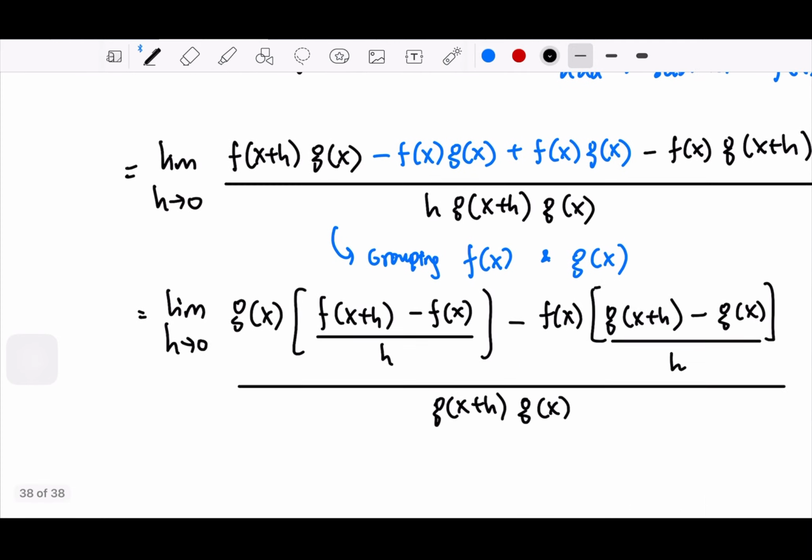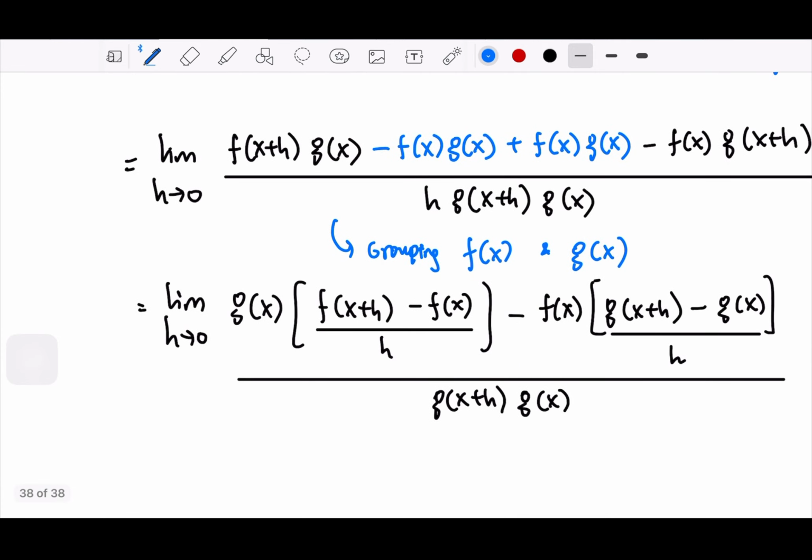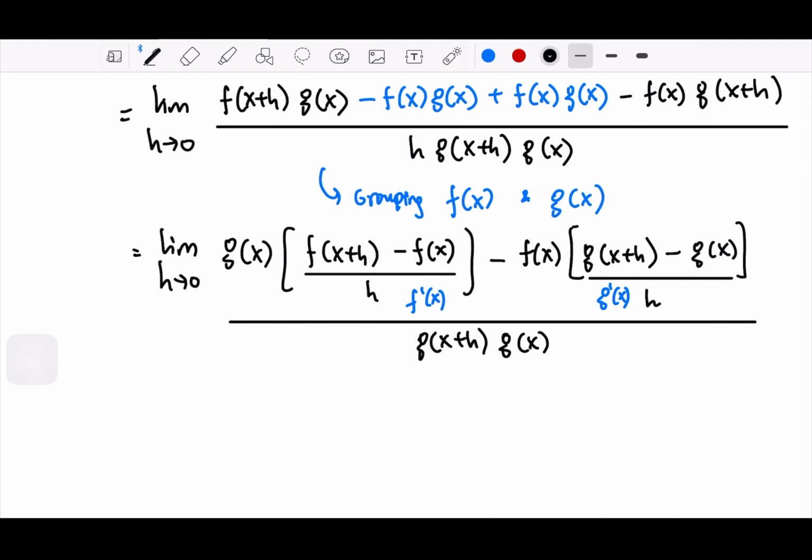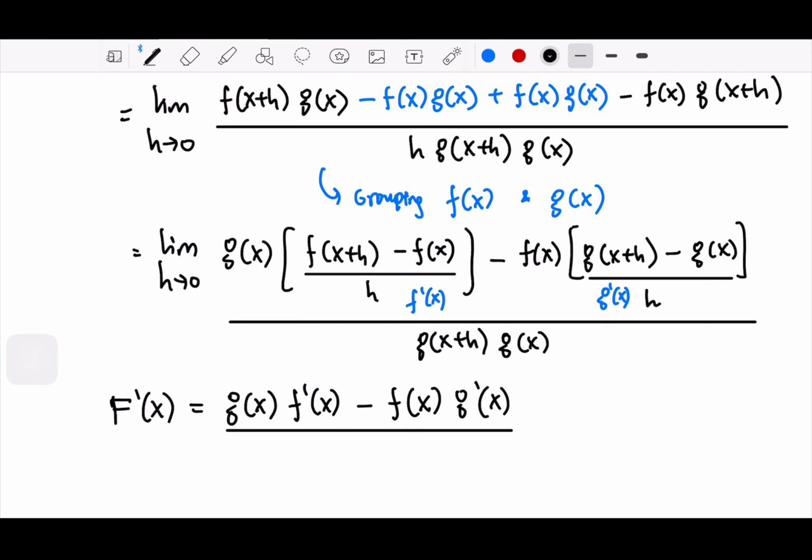From here we know that this will be f prime and this will be g prime, right? And then we can write down that the derivative will be g of x f prime of x minus f of x g prime of x, divided by g of x, squared.